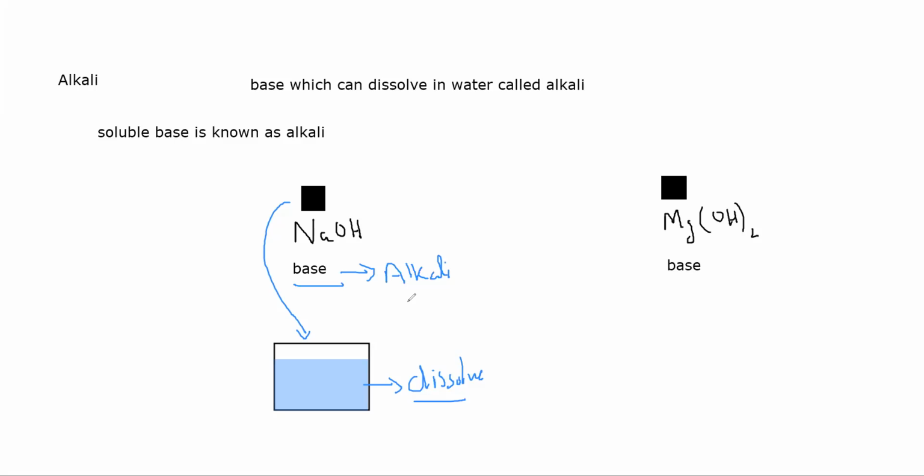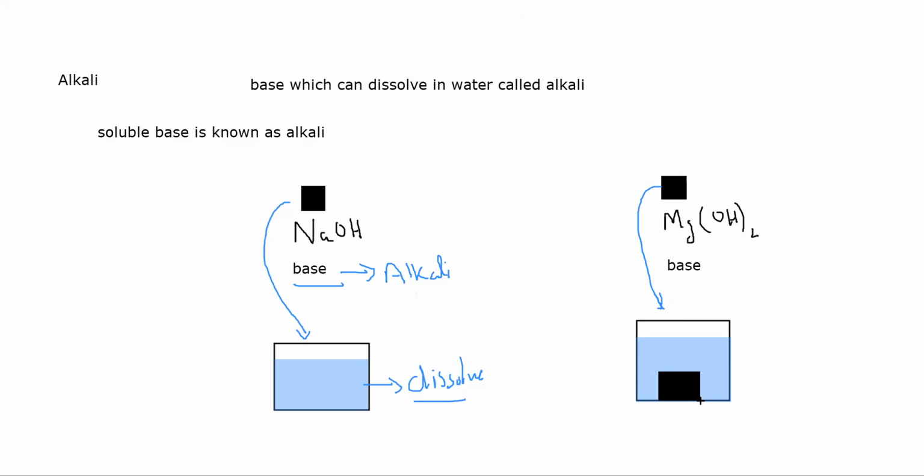So if I'm able to dissolve the base in water, I can also call this base an alkali. But what happens if I have a container, I fill the container with water, and I add this base to the water, but I observe that this base does not dissolve at all?